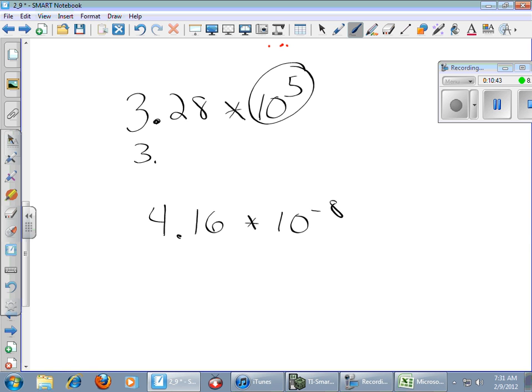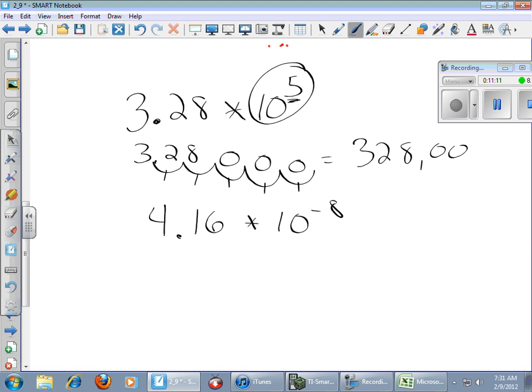So if I have 3.28 and then multiply by 10, I get 32.8, times 10 again, 328, 3,280, 32,800, and then 328,000. Now, how did I know to stop there? Well, notice my scoopies. 1, 2, 3, 4, 5. And there's a 5 there. Okay, so my answer in standard notation is 328,000.